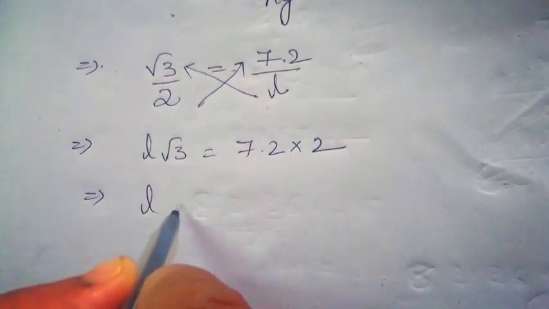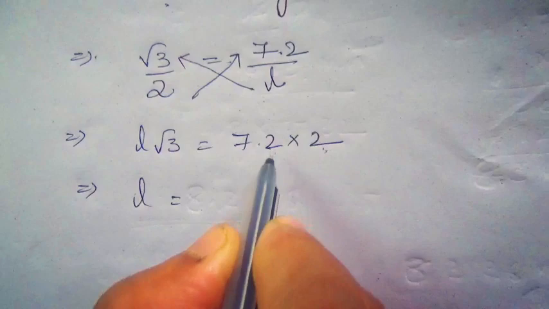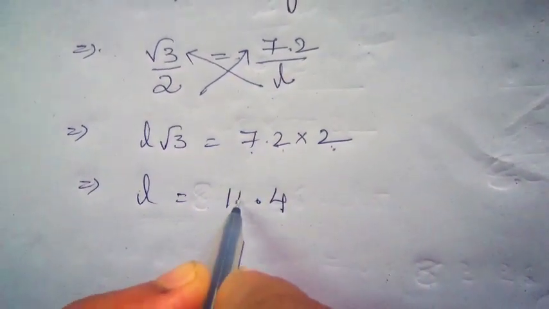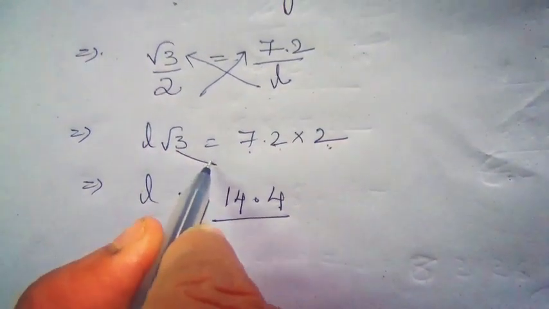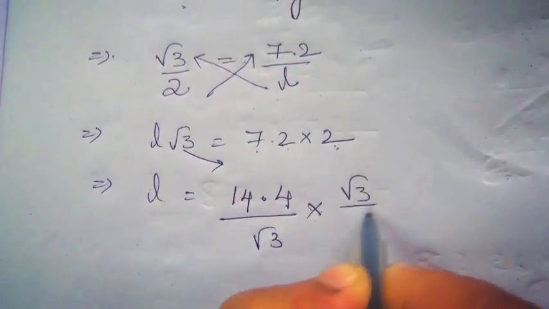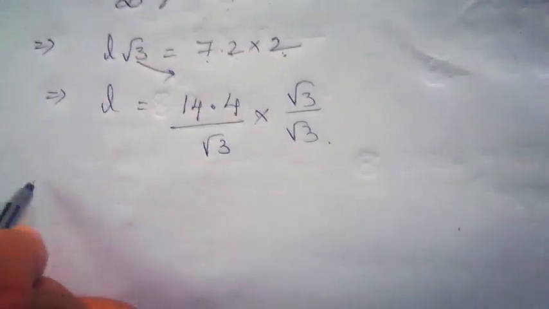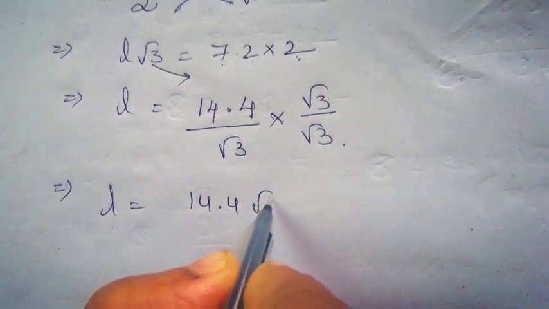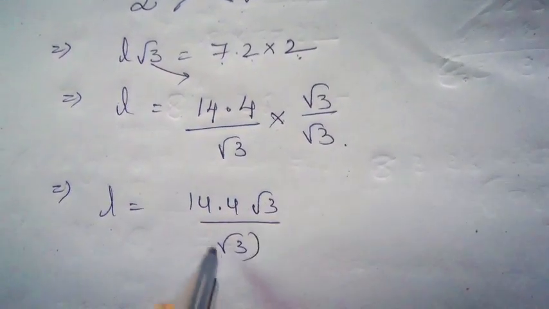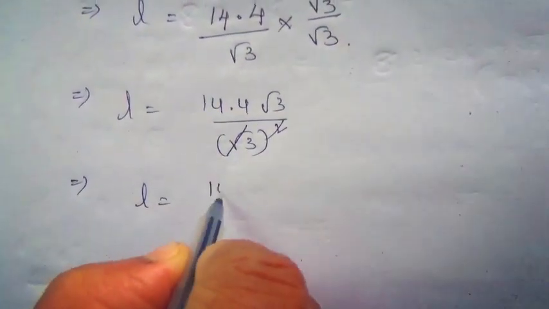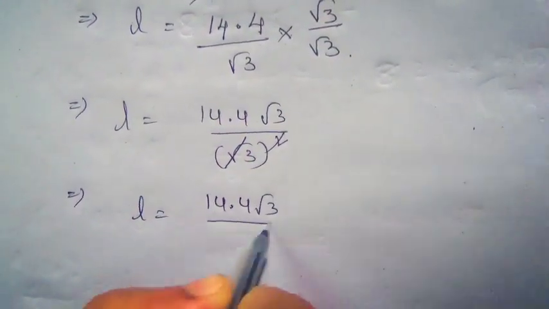That implies L is equal to 14.4 by root 3. By doing rationalization, L is equal to 14.4 root 3 by root 3 whole square. Root 3 squared cancels, so L is equal to 14.4 root 3 by 3.